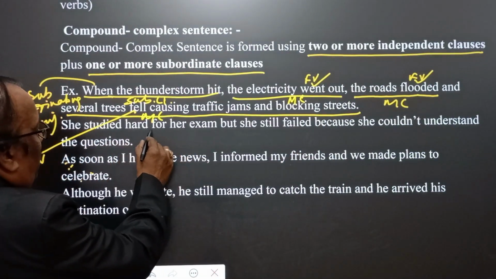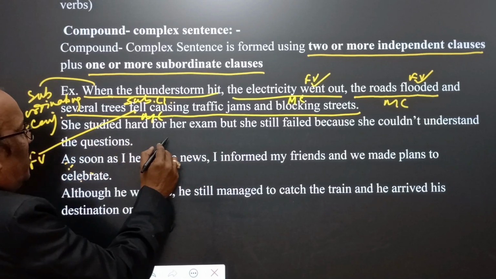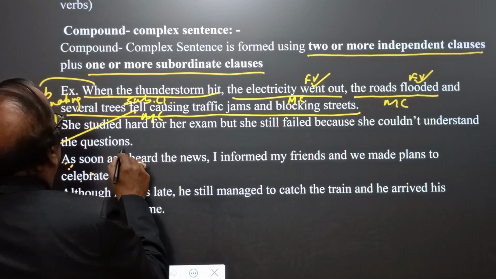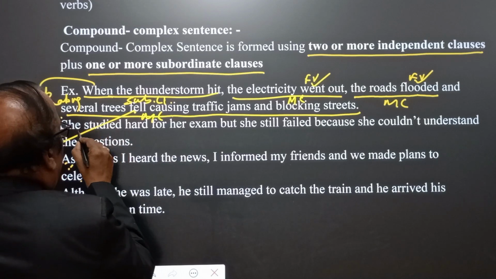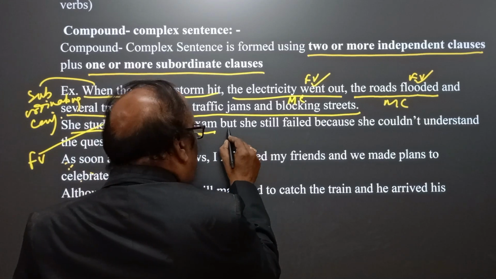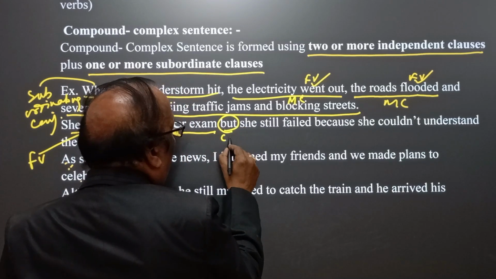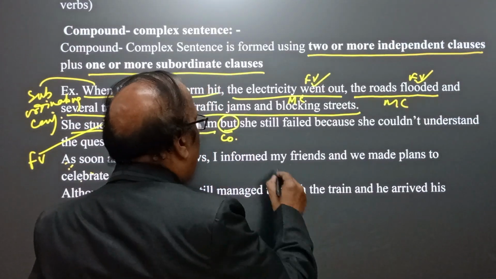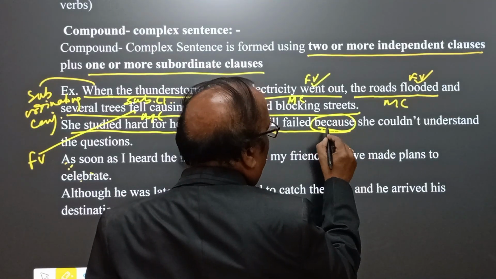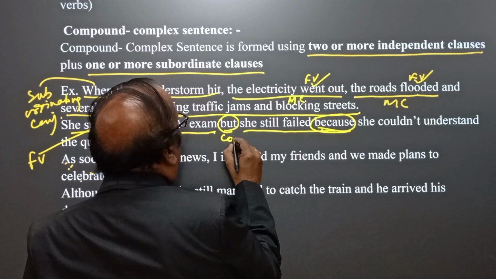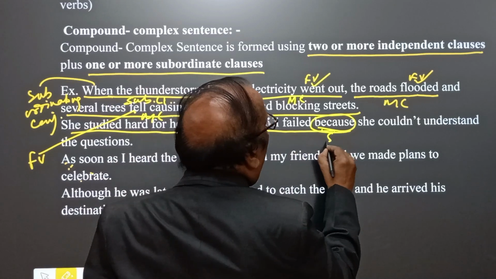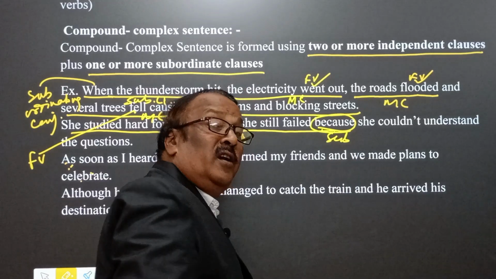What we find in our day-to-day life: She studied hard for her exam, but she still failed because she couldn't understand the questions. She studied hard, very interesting. She studied hard for her exam, but is the coordinating conjunction, and she still failed because, listen, because is a subordinating conjunction.